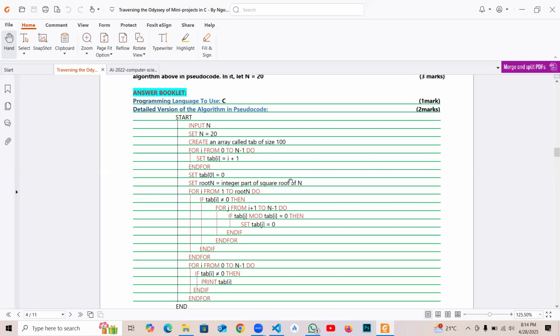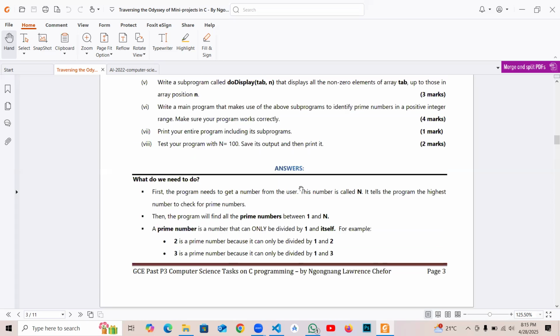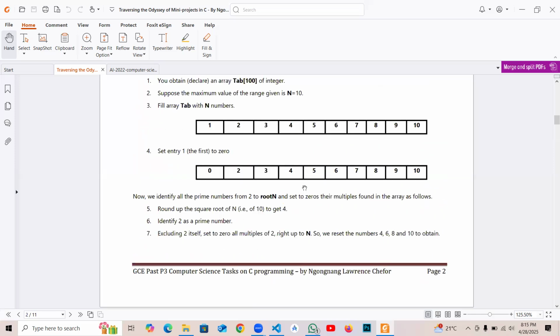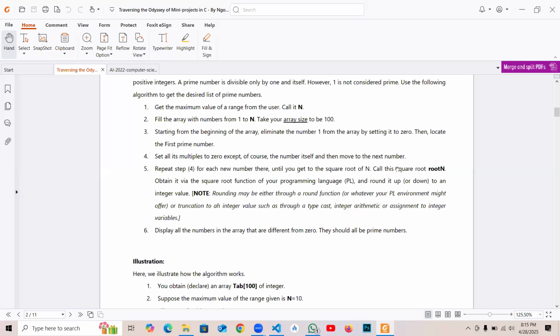Yes, sir. I'm saying that here we were told to make sure that the square root of the number is an integer. That's why I said we should set the square root, and this square root was given in our program to use as a variable. Let me locate it for you. This is here. They said, call this square root n.